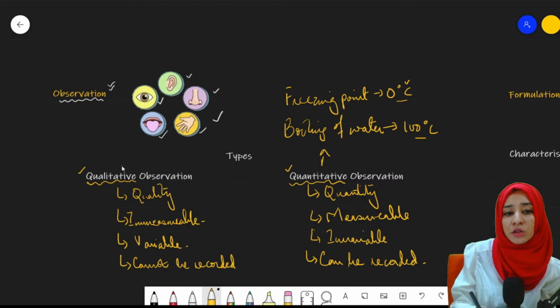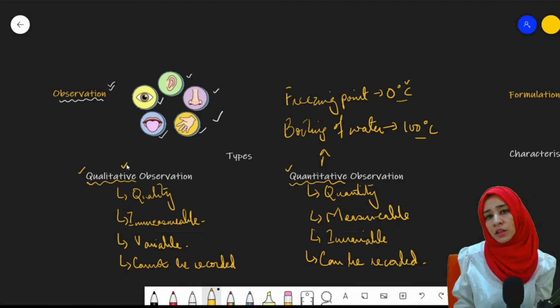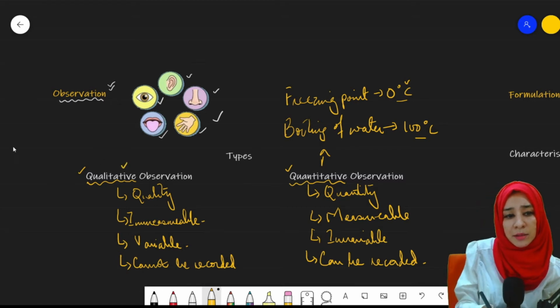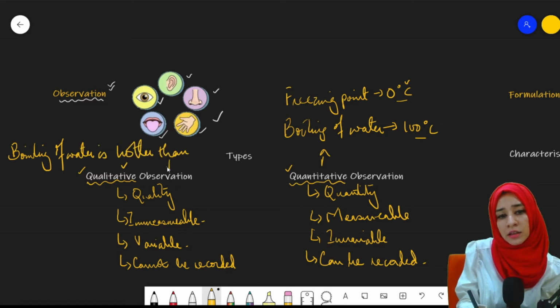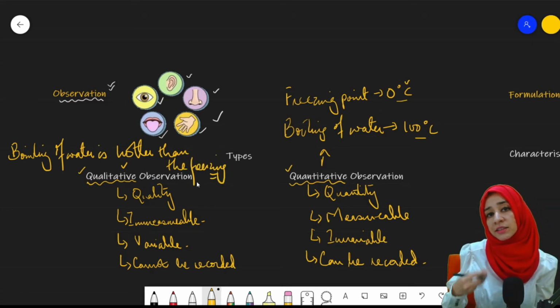Whereas, if we talk about qualitative observation, we'll just be saying that the boiling point of water is hotter than the freezing point. Simple. We are just telling the quality of that substance, right?